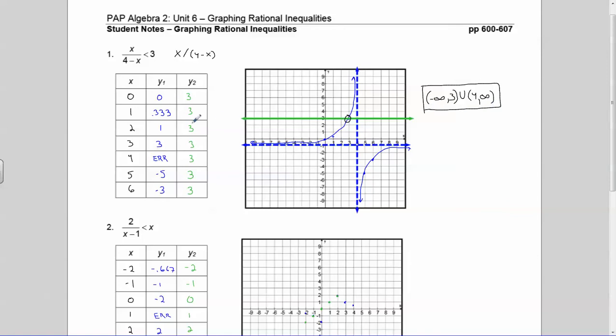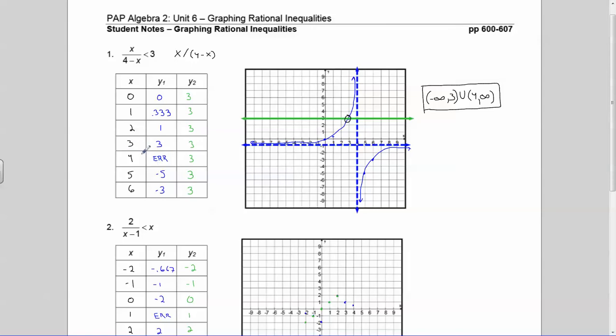So looking at the table, if we want to find our vertical asymptotes and our intersection points, what are we looking for? What you want to look for are values where your x and y's are the same for both functions. So here 3, 3, 3, that's going to be our intersection point, and here 4, error, 3, that error tells us there's a vertical asymptote.